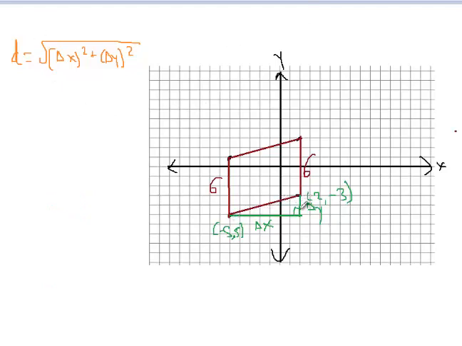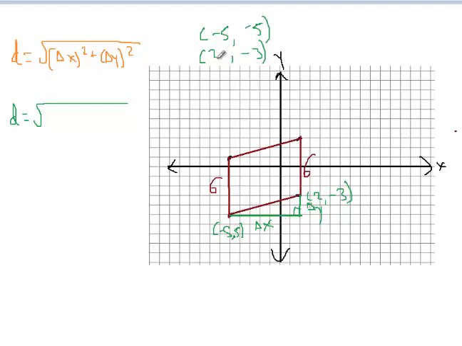Our points were -5, 5 and 2, -3. So if we apply the distance formula here, we've got distance equals, let me put it inside the box so you can see, the square root of the change in x squared.